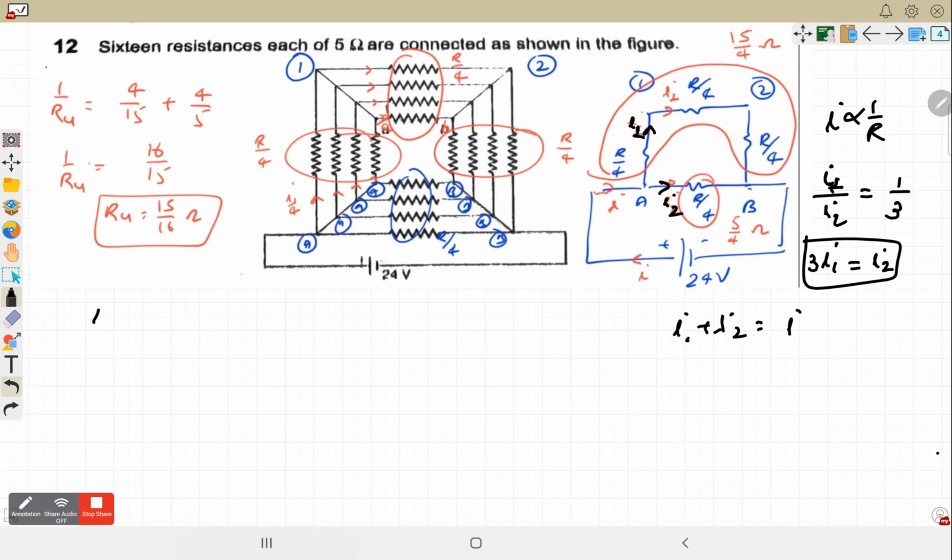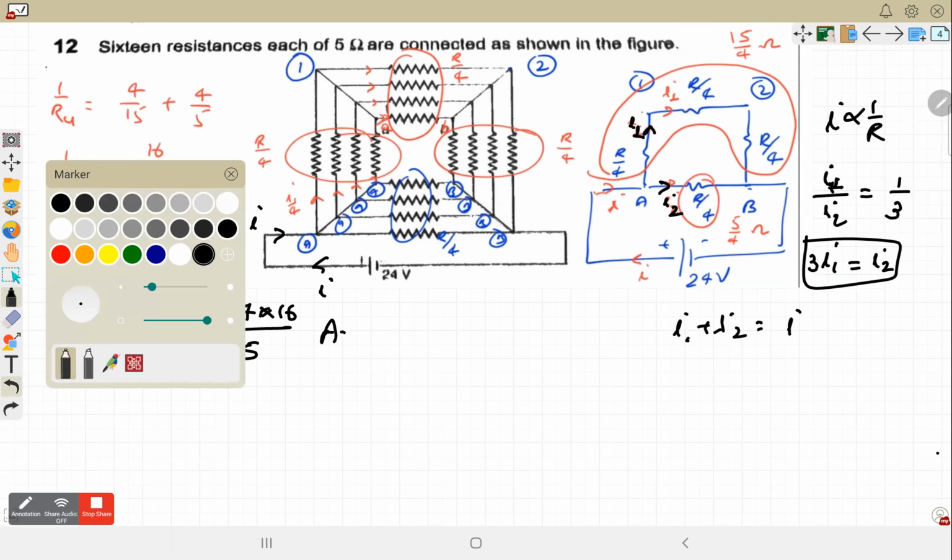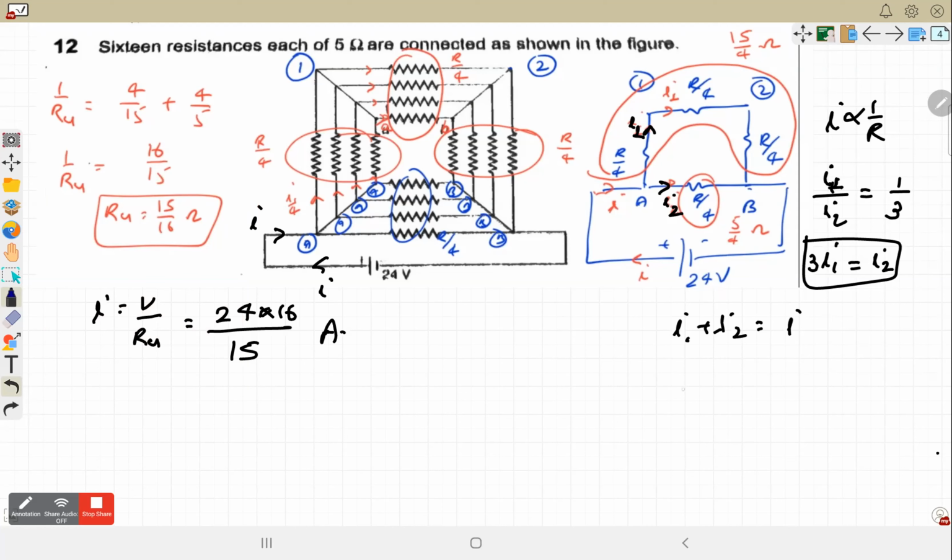And how much was I? I has to be V, total V divided by R equivalent. I is the current delivered by the battery. बैटरी का पोटेंशियल 24 वोल्ट, रेजिस्टेंस हमने निकाल लिया तो 15 by 16. So this is the current in this branch, and now I1 plus I2 is I, I2 is 3 I1, so 4 times I1 is I, I1 will become I by 4. और हमें I1 का भी 1/4 करना है because I1 is the whole current.